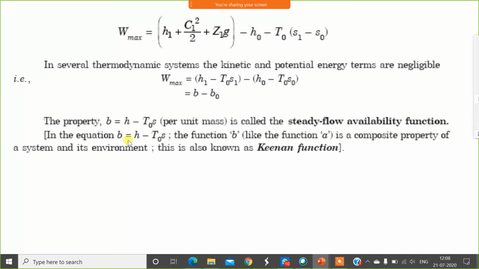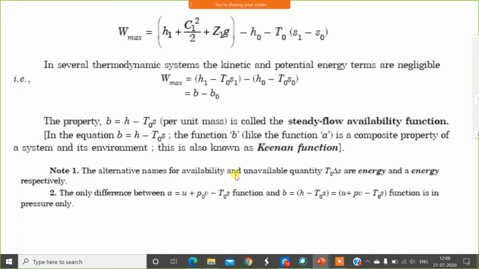The function B is like the function A in the previous derivation. B, like A, is a composite property of a system and its environment. This is called the Keenan function.